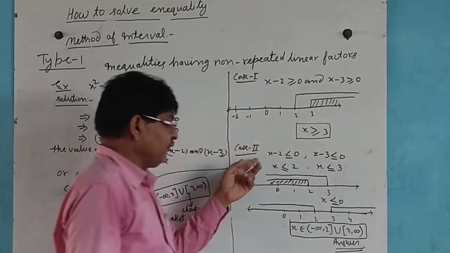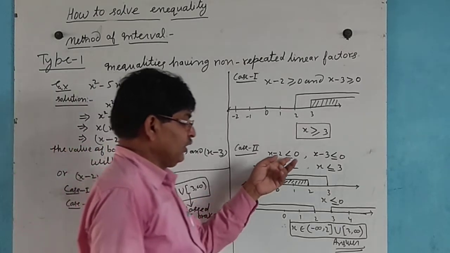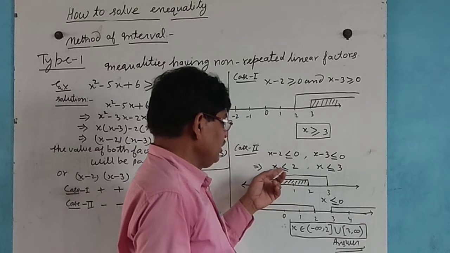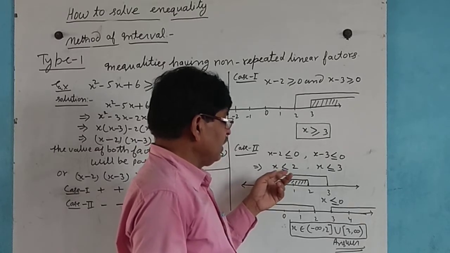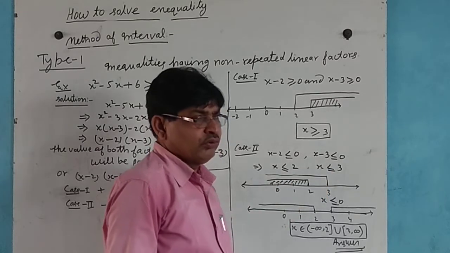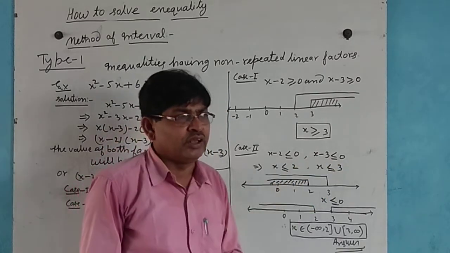Now the second case: if x minus 2 and x minus 3 both are negative, that is less than or equal to 0, this is also less than or equal to 0. It means that x is less than or equal to 2 and x is less than or equal to 3.